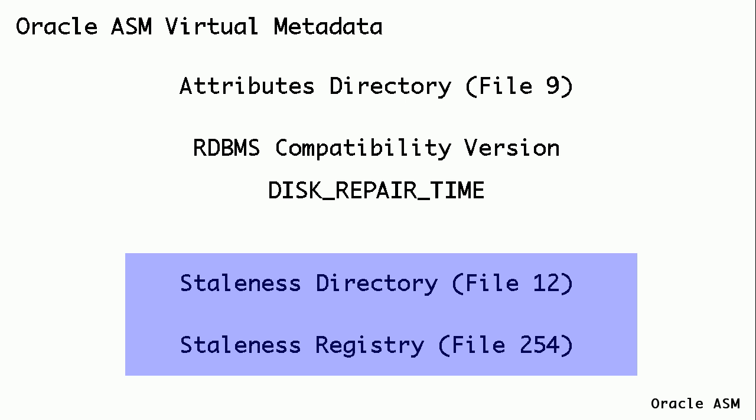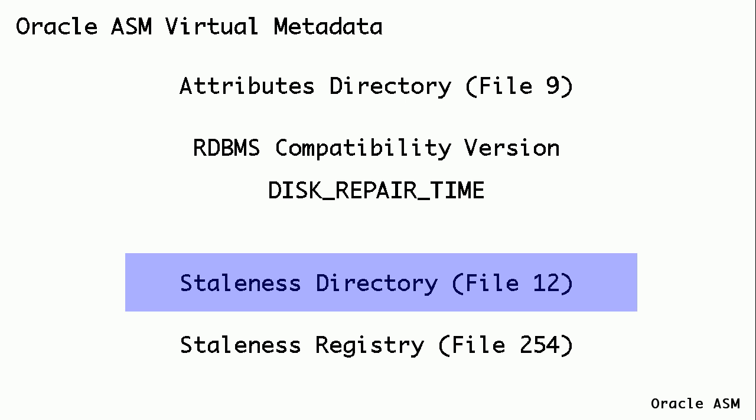When a disk goes offline, Oracle ASM Fast Mirror Resync feature keeps track of changes to the extents on the offline disk. When the disk is brought back online, these extents are quickly and efficiently resynced using mirror copies. Staleness Directory and Staleness Registry are used for Oracle ASM Fast Mirror Resync feature.